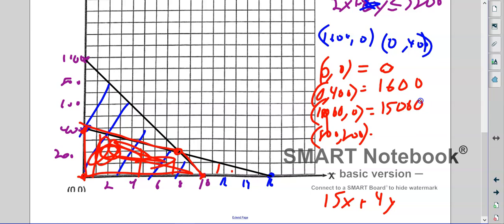And 0 times 4 is 0. And then 8 times 15, that's 12,000, plus 200 times 4 is going to be 800. So that leads us to 12,800.